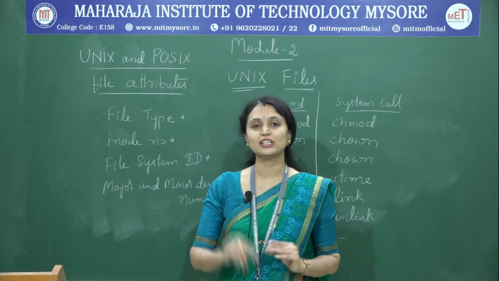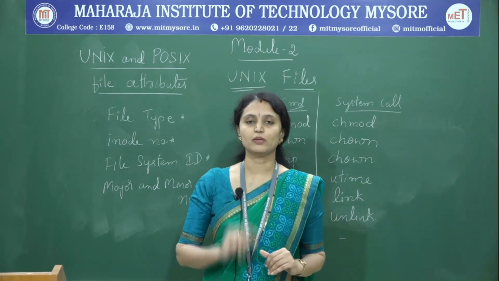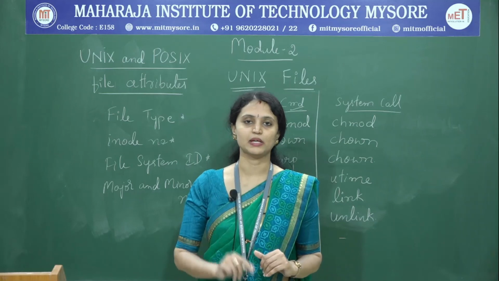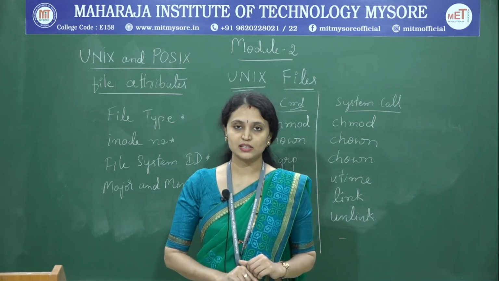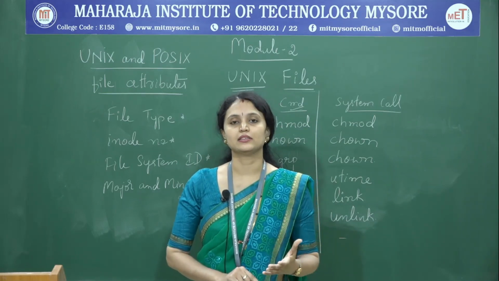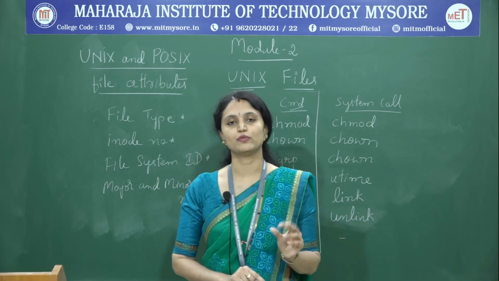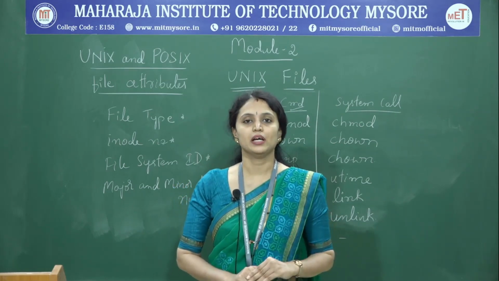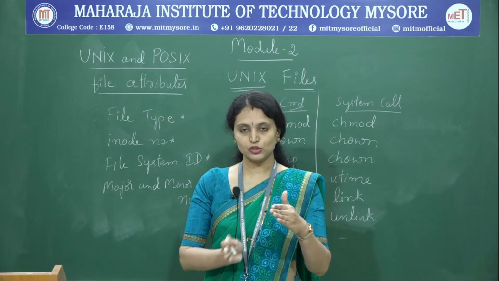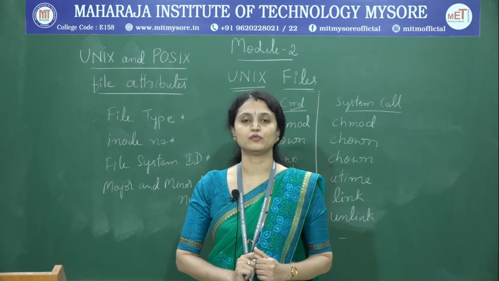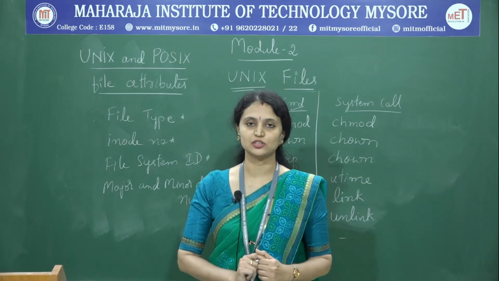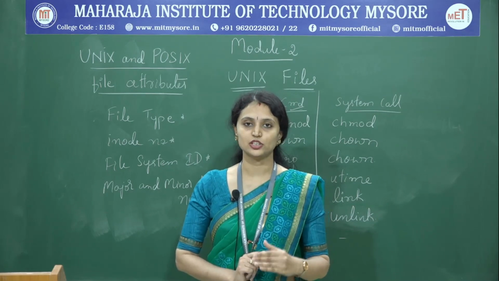Relative path name means by using dot and double dot, where dot represents current directory and double dot represents the parent directory. And then we discussed how we can add a particular hard link to a file by using ln command.